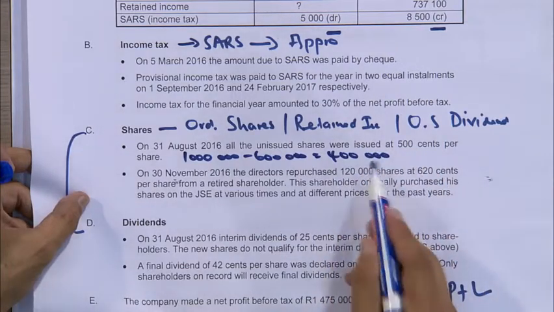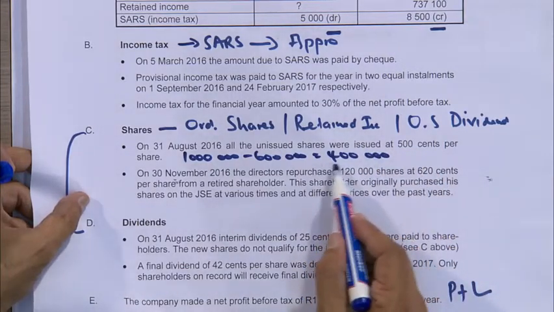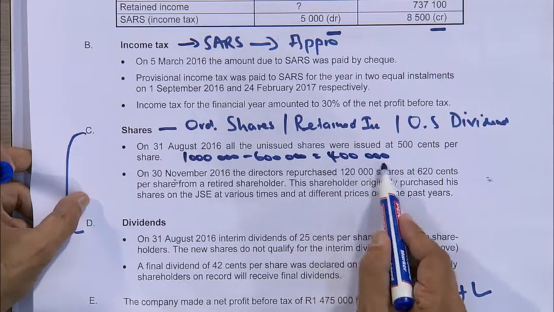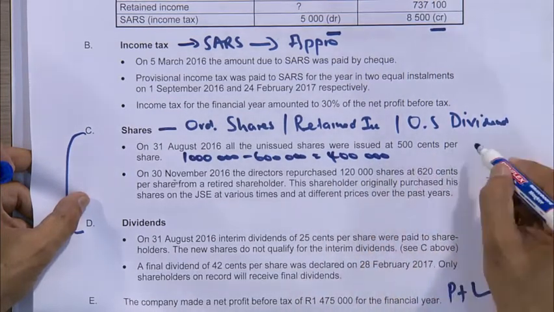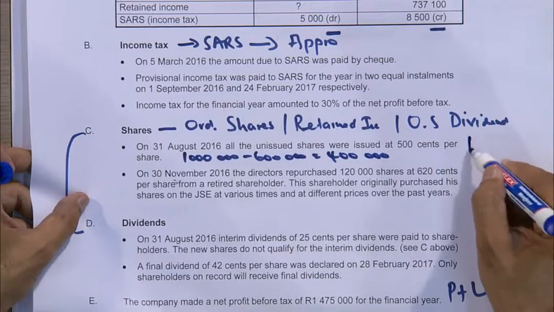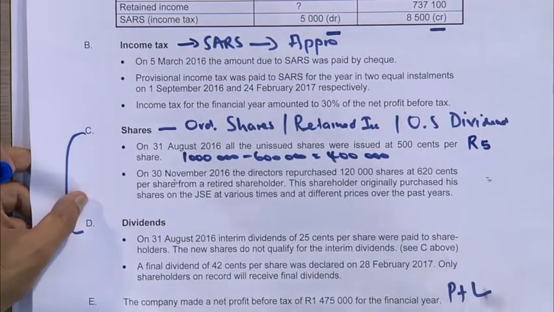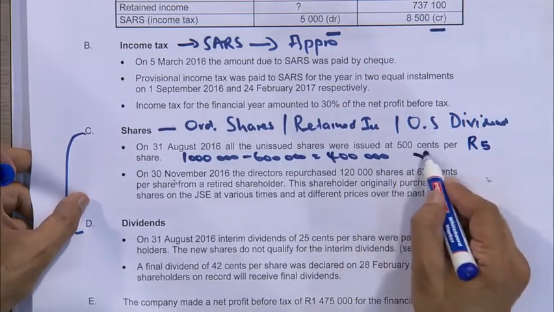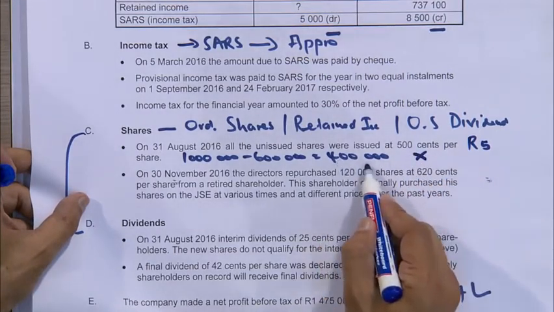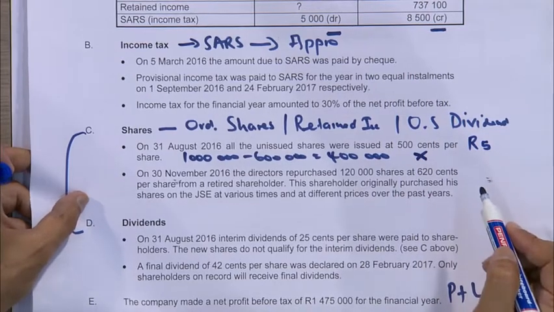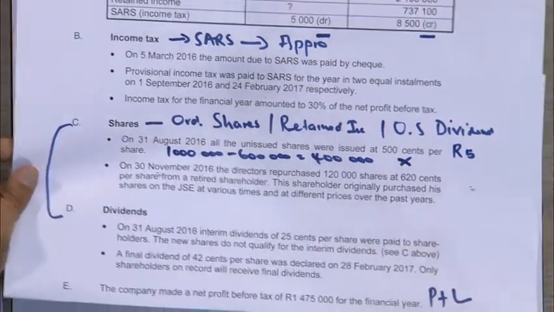All the unissued shares, so we're issuing the unissued shares, which is the 400,000 shares, and we're asking 500 cents, which equates to 5 Rand per share. Okay, so here we have to multiply. We have to say 400,000 times 5 Rand, and that will give you 2 million.